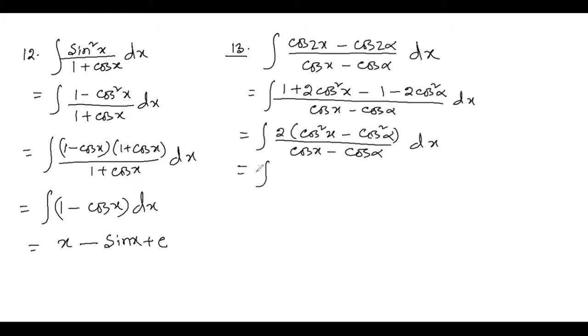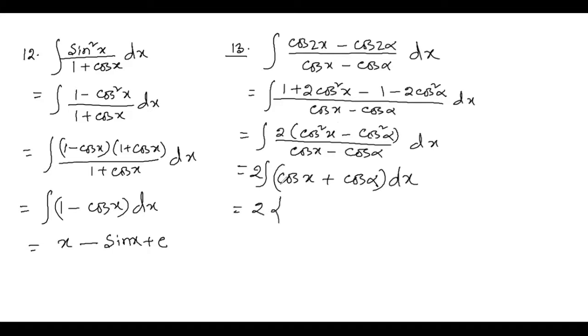Using the a square minus b square formula, cos square x minus cos square alpha is cos x minus cos alpha into cos x plus cos alpha. The cos x minus cos alpha is cancelled, so the remaining term is 2 into cos x plus cos alpha dx.